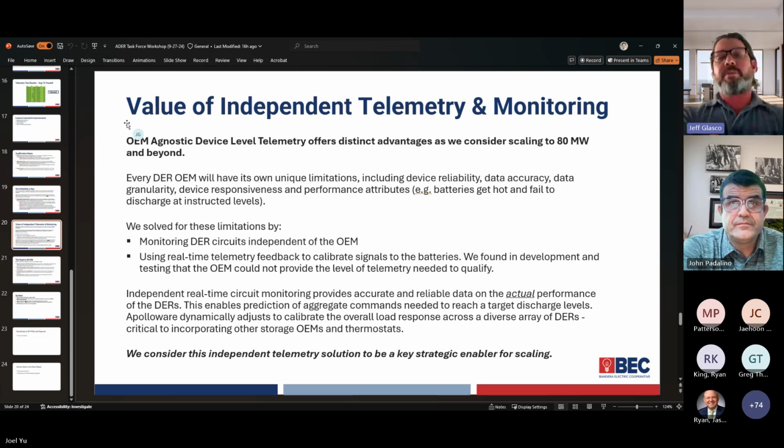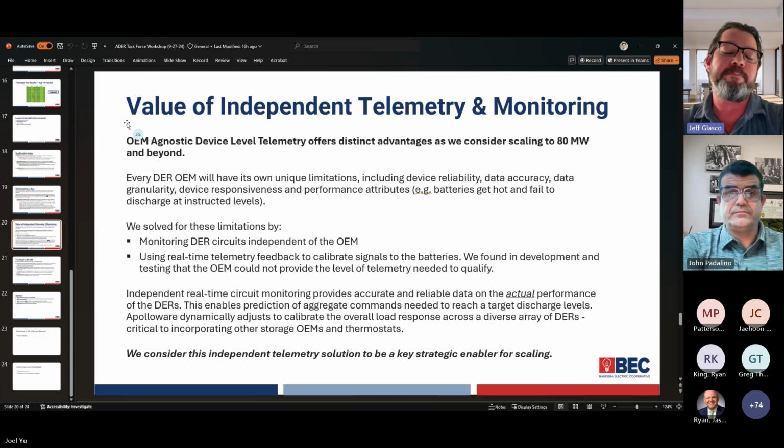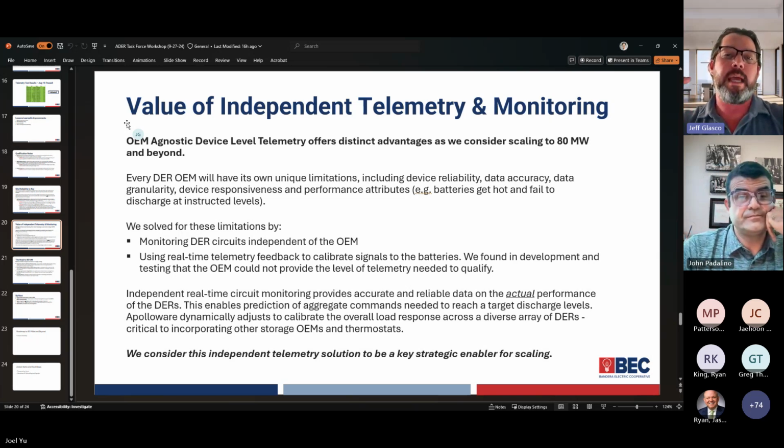So one of the things we also found is that if we were solely reliant on Enphase's technical stack, their API, we wouldn't have been able to do this. We really needed that real-time data set that ApolloWare provides, having the device level data, to understand what's actually going on. So we're not relying on statistical models or prediction models, right? So this was kind of key.